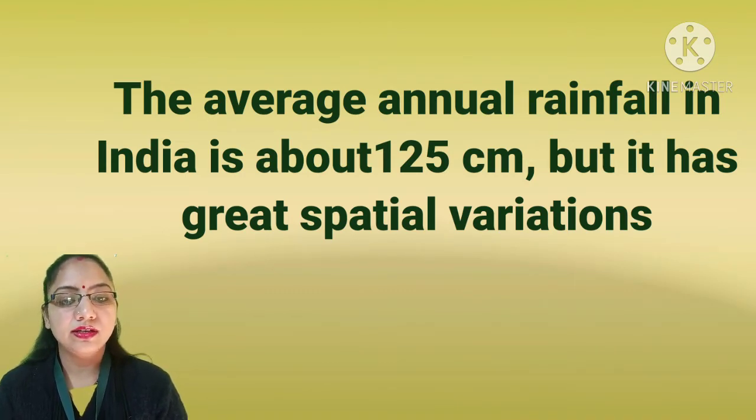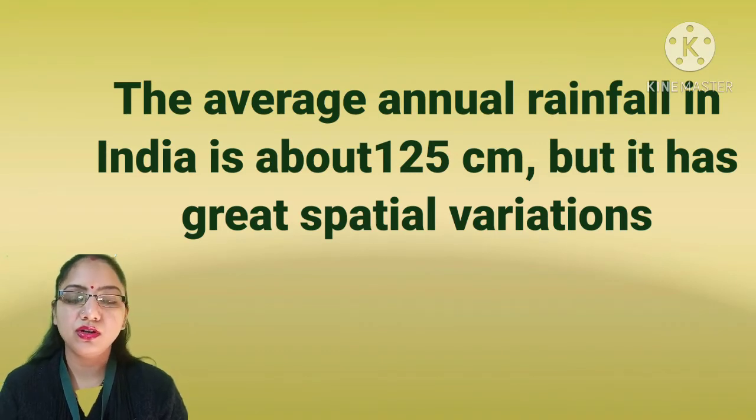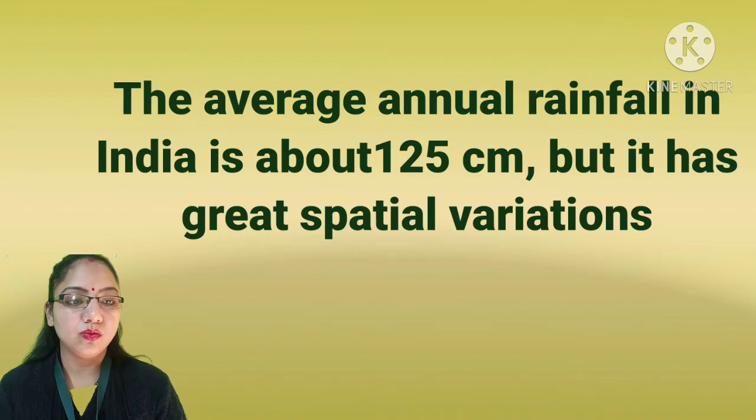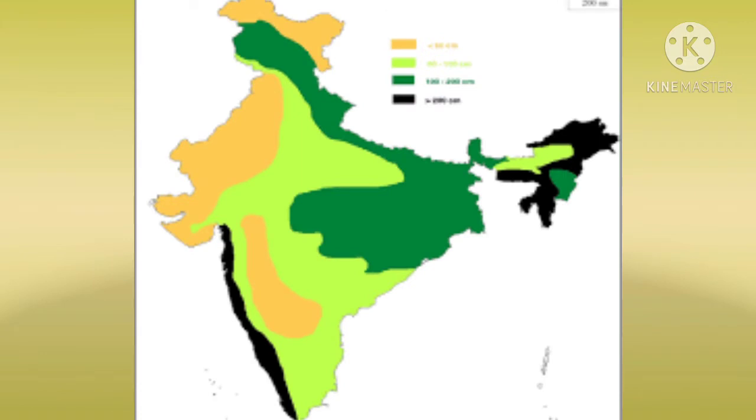Now let's discuss about the distribution of rainfall, which is basically divided into 4 parts. As you can see in this given map, the distribution of rainfall in India basically divided into 4 parts. The areas of high rainfall where the rainfall is more than 200 cm.